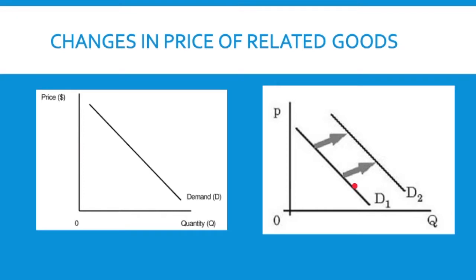Or if you were thinking about picking up a winter sport and you were deciding between skiing or snowboarding, and the price of snowboards went up, they were really expensive, then your demand for skis might go up because it's a substitute good. The more expensive snowboards are, the more people will go out and buy skis. So the price of skis hasn't changed, but the demand for skis may go up because the price of a substitute good, snowboarding, has gone up.